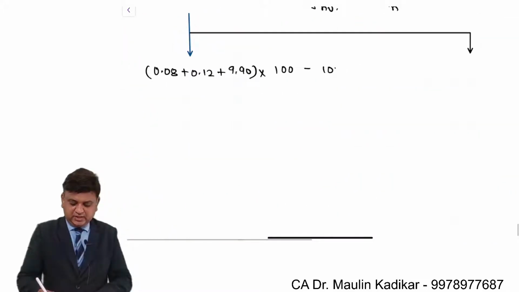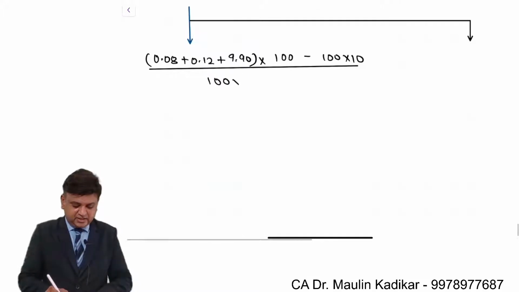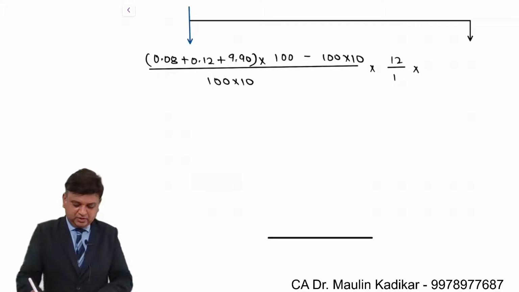Minus 100 into 10, because the initial investment was made at the rate of 10 rupees per unit, divided by again 100 into 10 into 12 divided by 1 into 100.